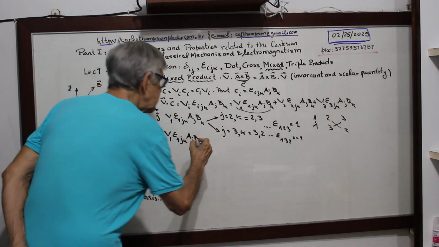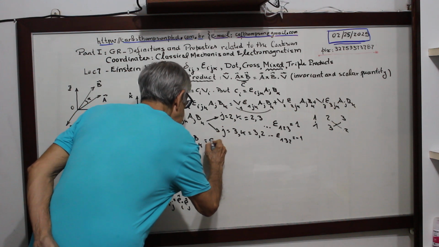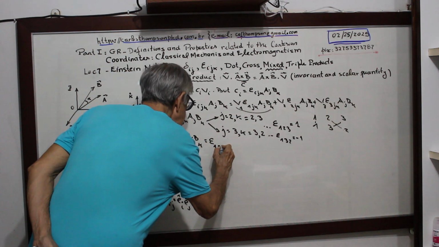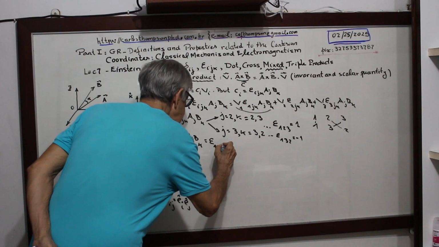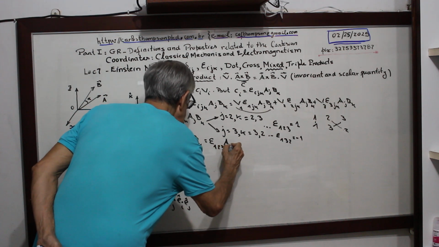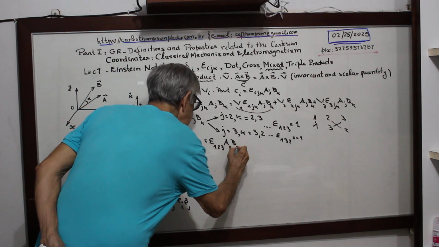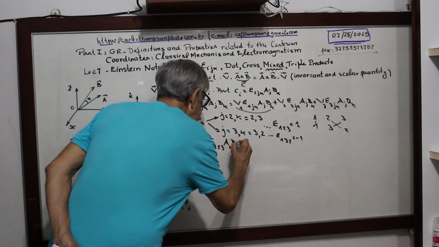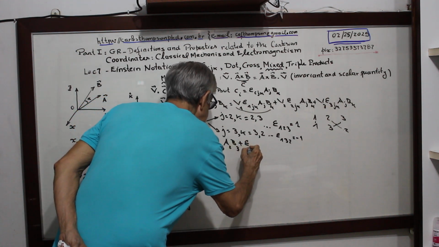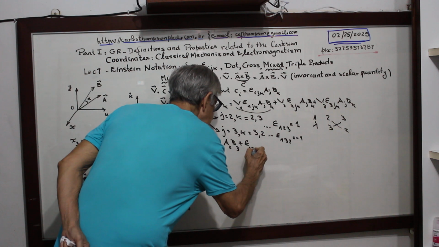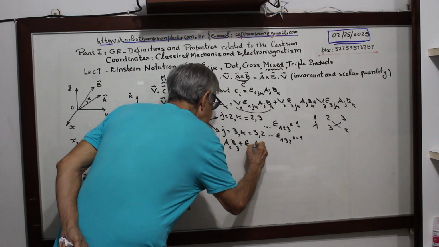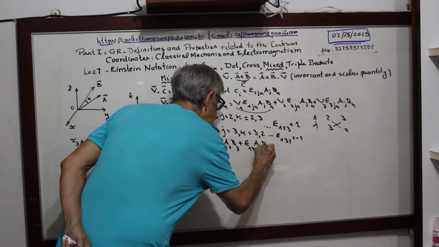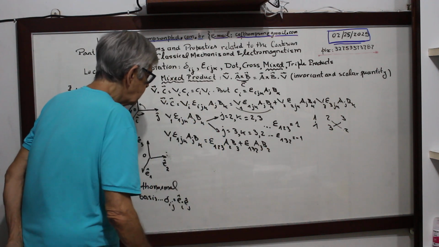So this will be epsilon_123 a2 b3 plus epsilon_132 a3 b2.